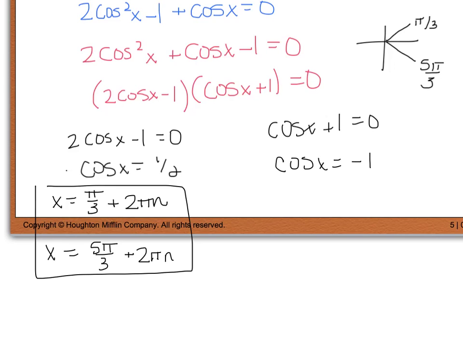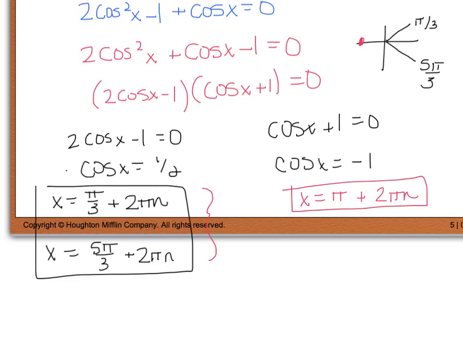Well, that's only going to occur at one spot, and that one spot is right here at pi. So I know that x is equal to pi, and I have to account for all values since I was not given that restricted domain. So I'm going to add 2 pi n, and I have 3 solutions then between these here and this here.